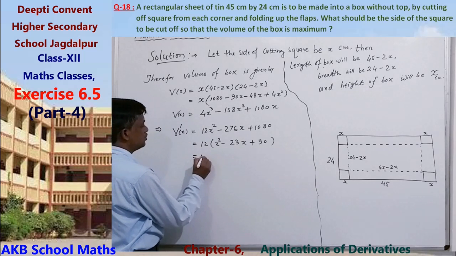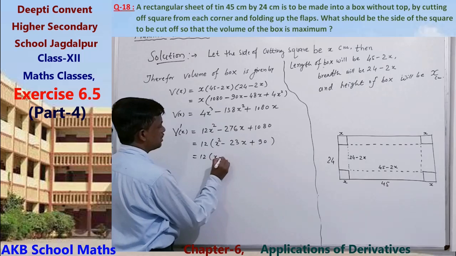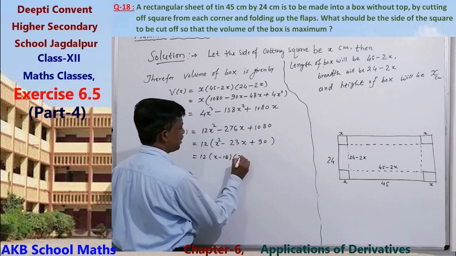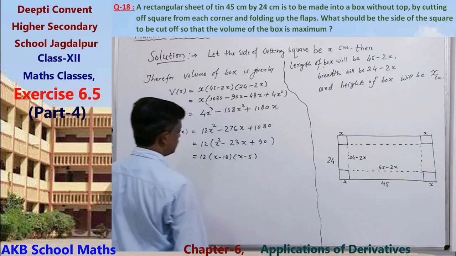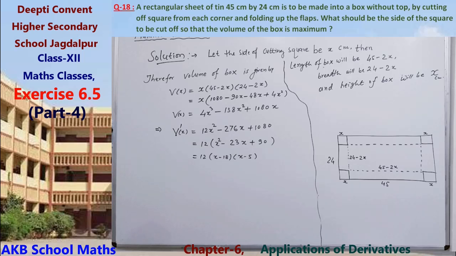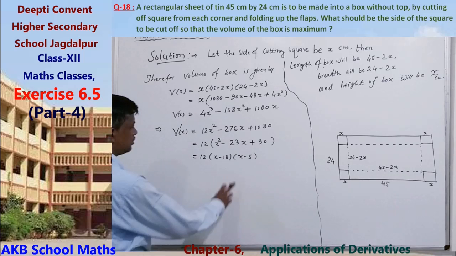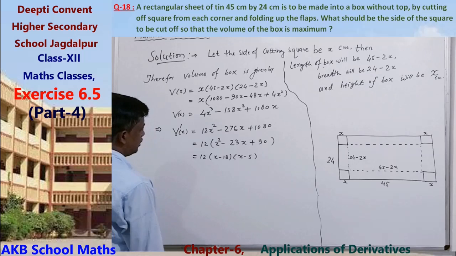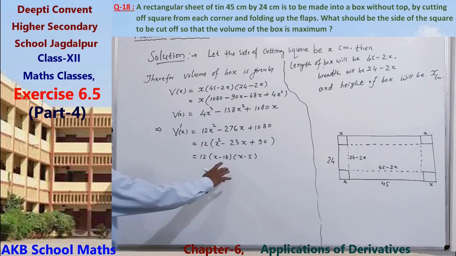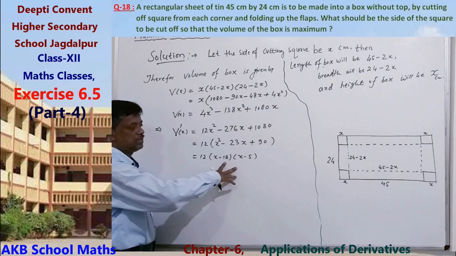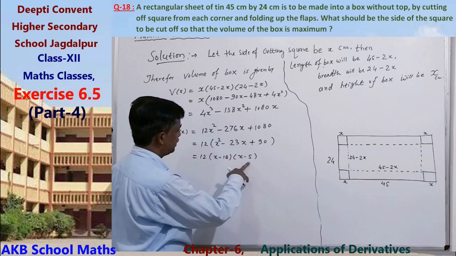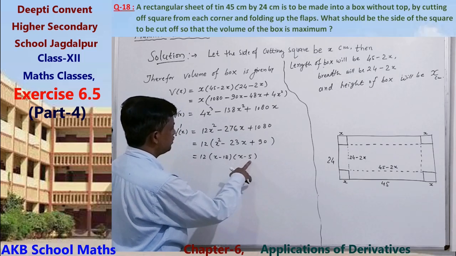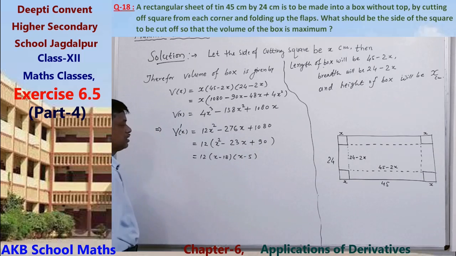This can also be written as x minus 18 and x minus 5. Okay, this is the first derivative.